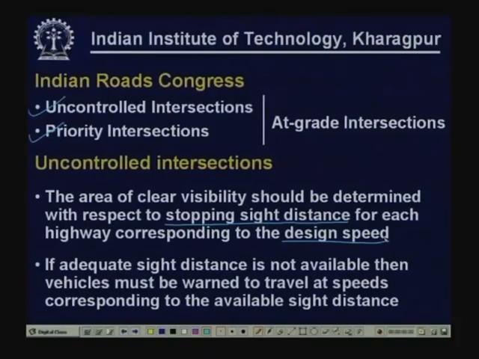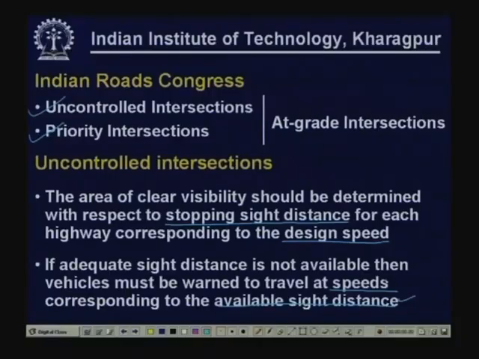So, it says that vehicles must be warned to travel at speed corresponding to available sight distance. One can see what is the available sight distance and what speed it can accommodate. So, accordingly there should be a speed restriction.